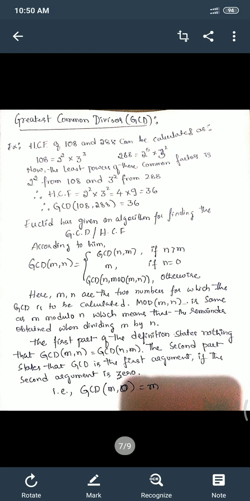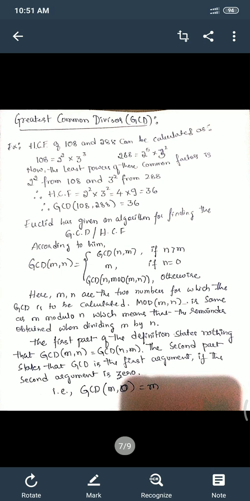To calculate the HCF, express each of the given numbers as a product of prime factors, then the product of the least powers of the common prime factors gives the HCF.